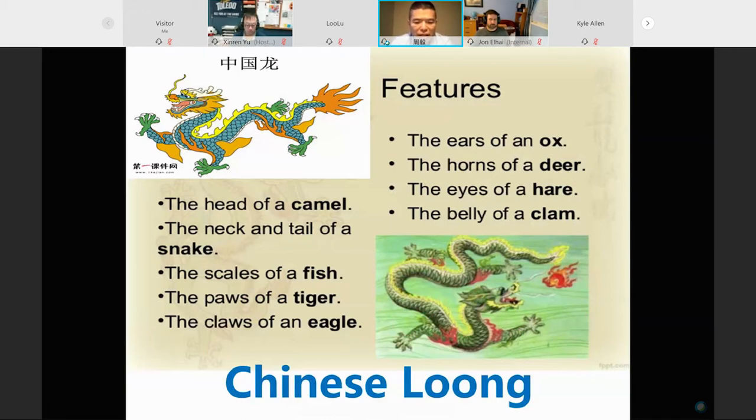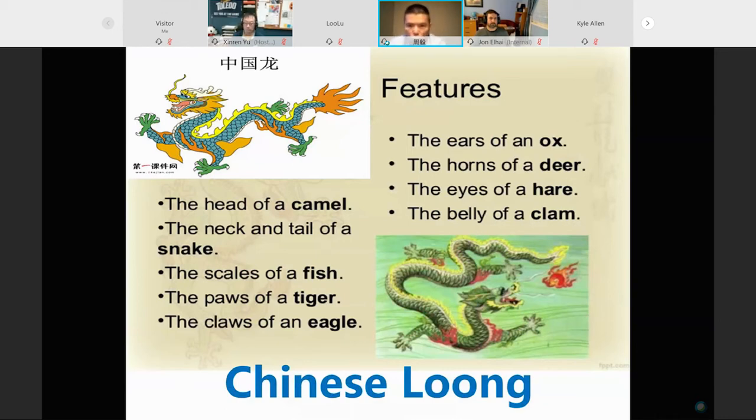Chinese dragon has the sharp claws of an eagle, the hard scales of a fish, just like John said just now, scales, an agile neck of a snake, and the antlers of a deer. Of course, there is not only one kind of dragon in Chinese culture, and their physical appearance varies according to different records.